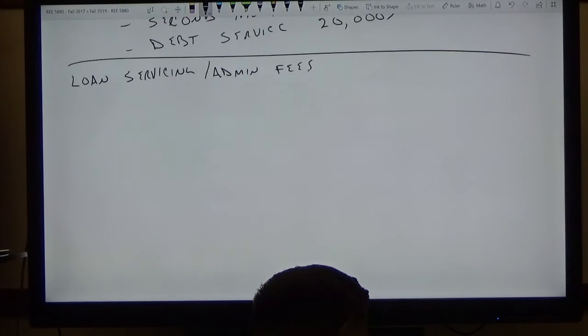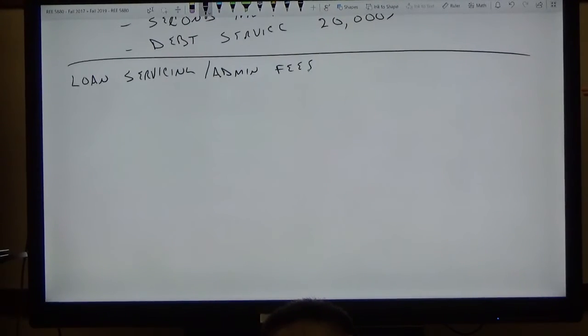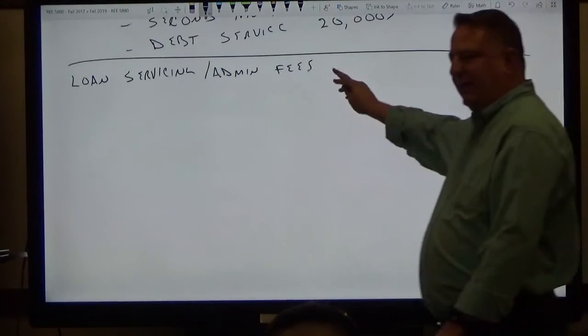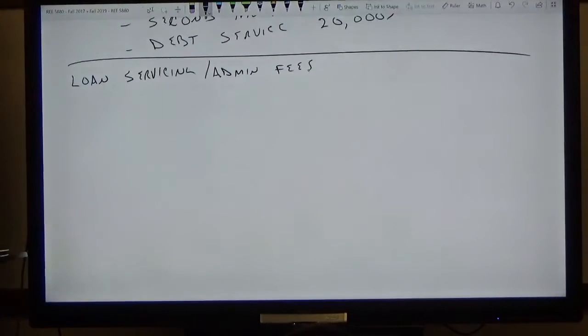They make it off of the interest rate, the face interest rate on the mortgage. They make it off of loan origination fees. They make it off of prepayment penalties. And they also make it off of loan servicing or administrative fees, okay? So we never actually did a computation using the loan servicing fees. So let's just do one, all right?